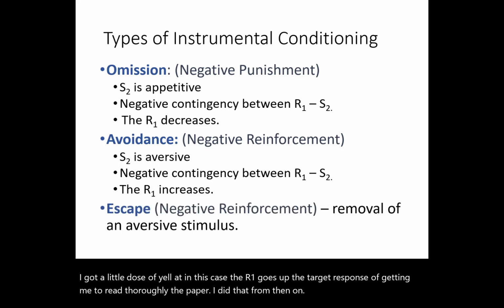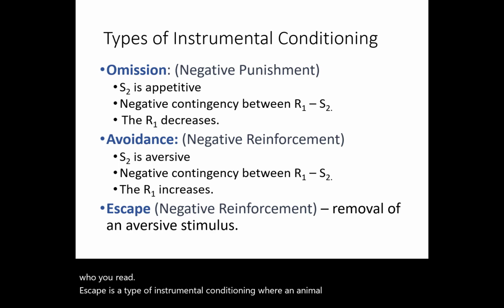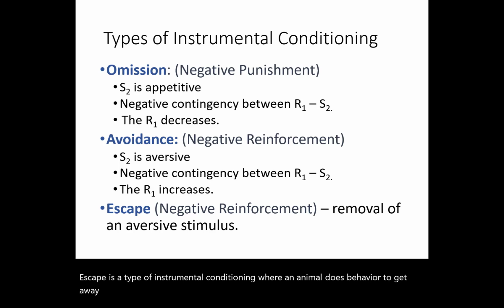Now, escape is similar to avoidance. And how people think about escape depends on who you read. Escape is a type of instrumental conditioning where an animal does a behavior to get away from something that's experienced as aversive. So in avoidance, if the target behavior happens, they never see the S2.